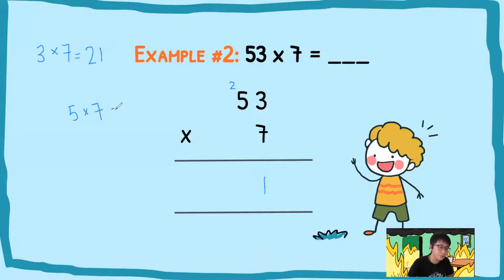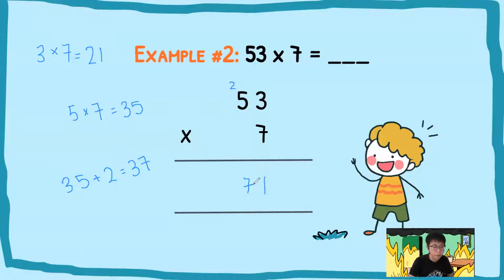And 5 times 7 equals to 35. Okay, but we don't write 35 yet. We cannot forget about the carried over 2. So we will add 2 to 35, which is 37. Okay, remember right to left, so we will write 7 first.